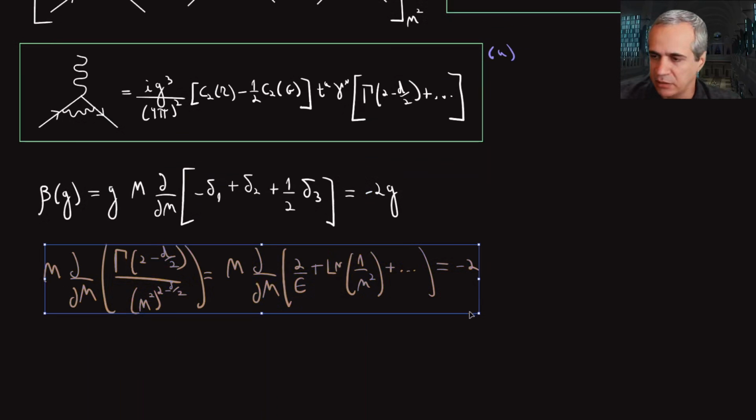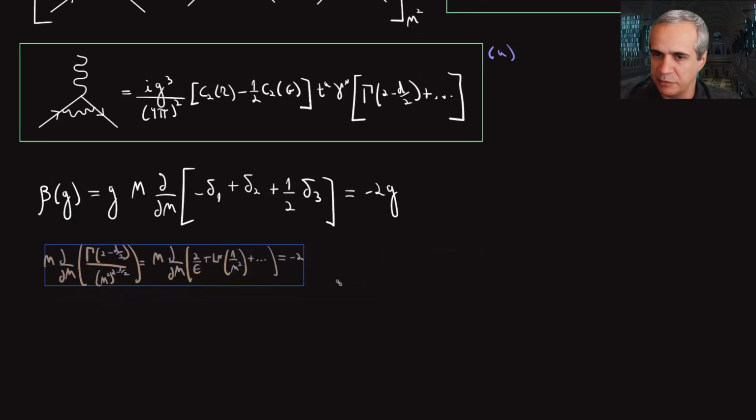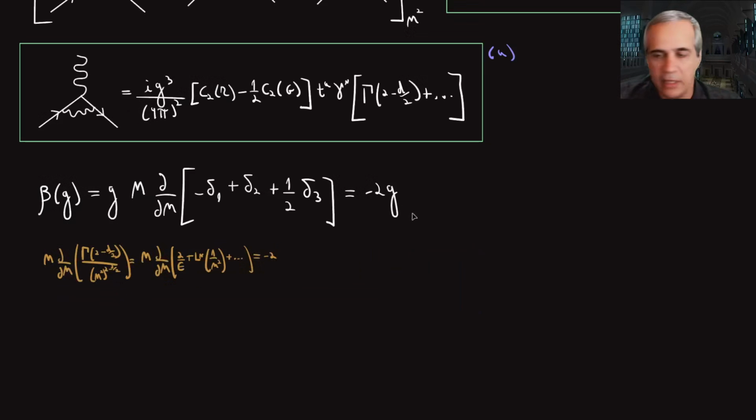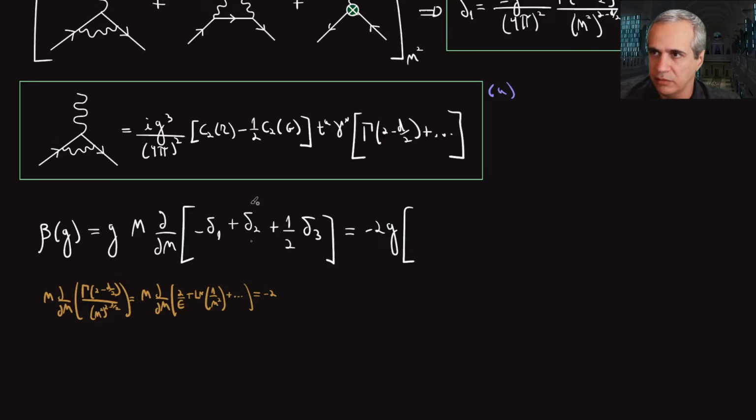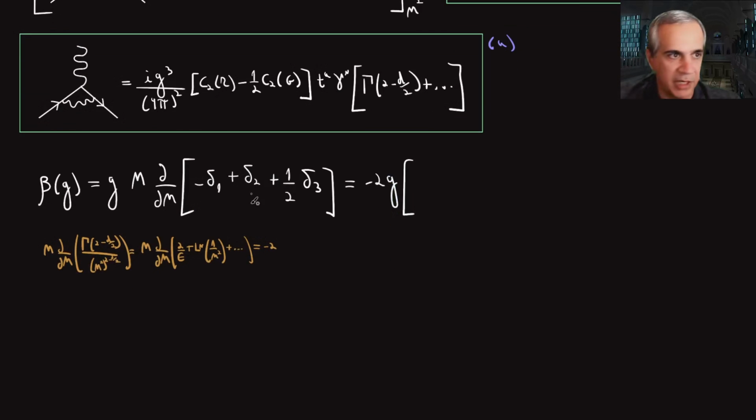Let me make these a little smaller to give me space. And then let's write everything. So then I'll start with minus delta 1, just copying what's over there. So g squared over 4 pi squared, C2R plus C2G.